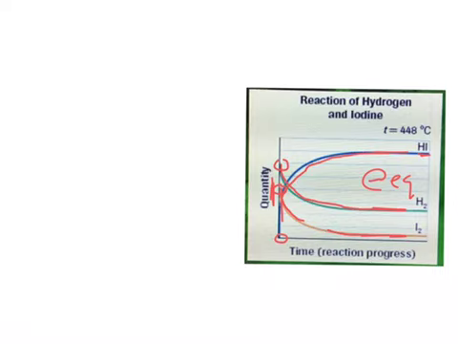Real quick, if you see those percentages, if it's a greater than 50% reaction, we say it favors the products. It just means that at equilibrium we have more products than reactants, like this system here.